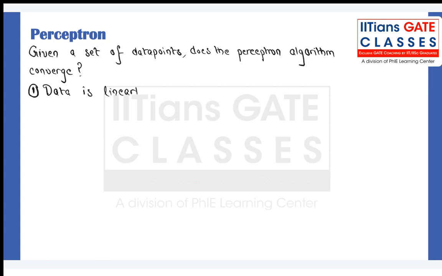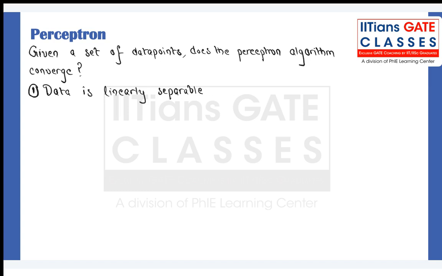If the data is not linearly separable, then my algorithm will just keep on looping around the points, trying to find the correct hyperplane. It will never be able to find it because there is no linear separability. And then your algorithm will never converge. So I assume that my data is linearly separable, and then I can say that the perceptron algorithm will converge.